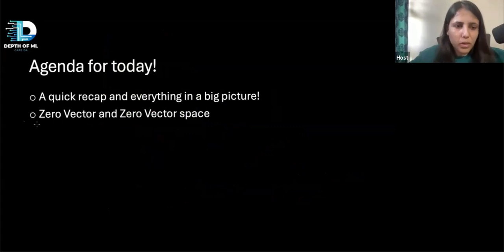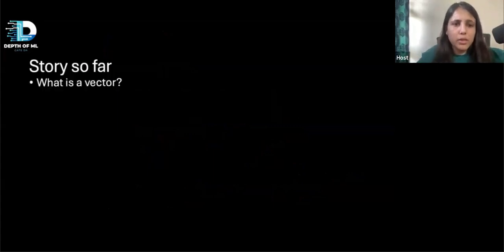Cool. Let me start with, so first of all, in the first lecture itself, I introduced something called a vector, right? So what is a vector? Can you guys tell me what is a vector? So vector is an entity.